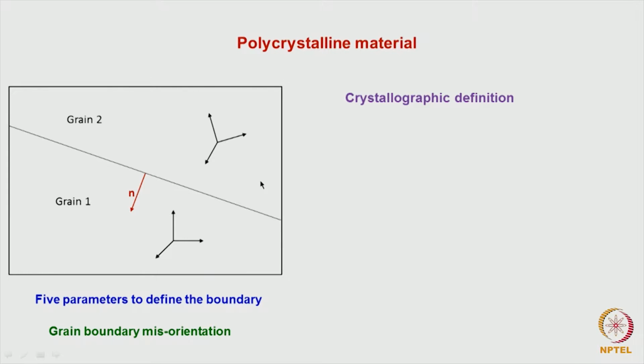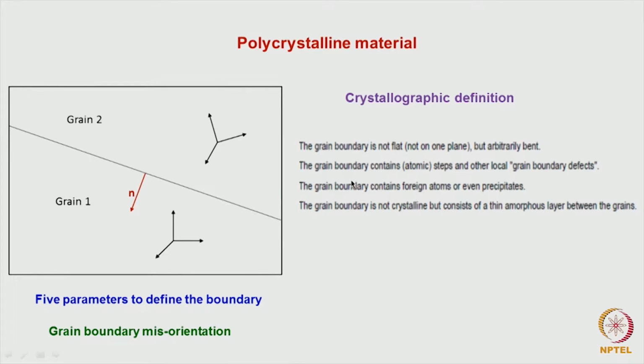But then comes what is the structure of the boundary, what is the energy of the boundary, all these things. Here we assume that this boundary is a flat boundary, perfectly a two-dimensional surface. But that need not be the case. Quite often the boundary could be curved. Another is the boundary can have some steps on the boundary. There could be a lot of defects which are present on the boundary.